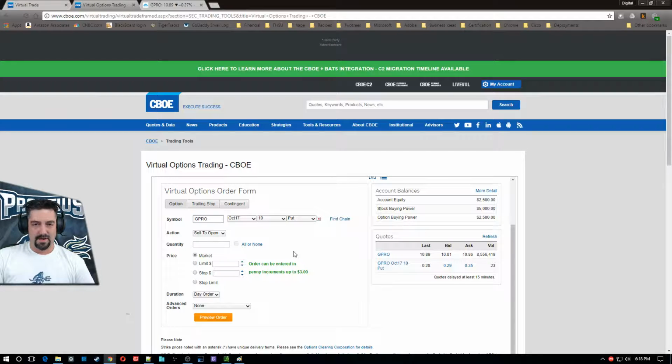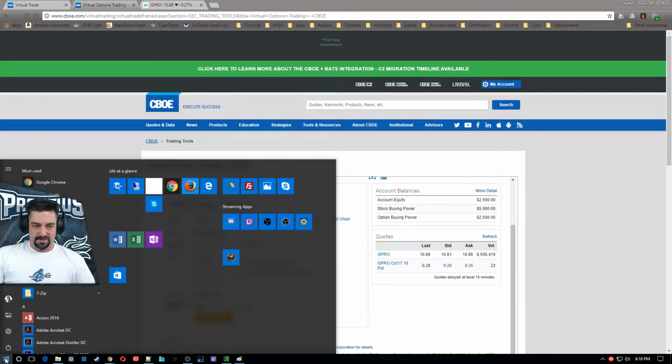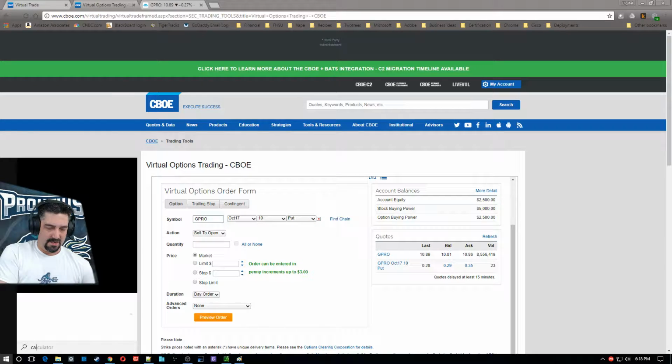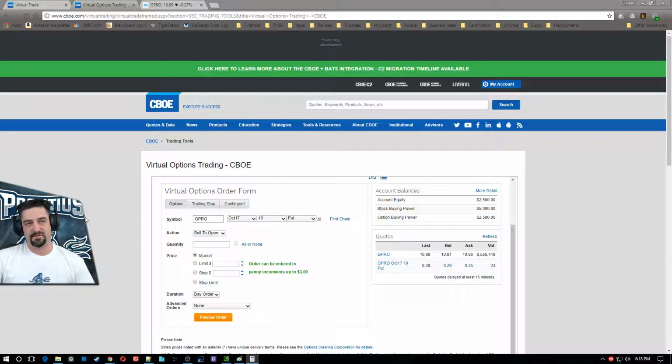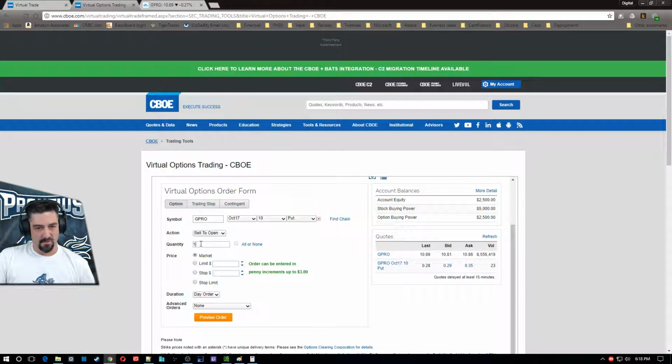Okay, quantity. So how many shares can we buy at $10, with $2,500? Well, every options contract influences 100 shares of the underlying equity. In this case, if I put a 1 here, that's one contract, which influences 100 shares of GoPro.